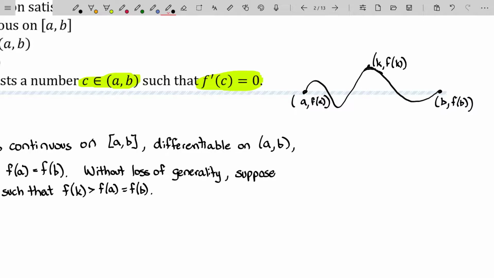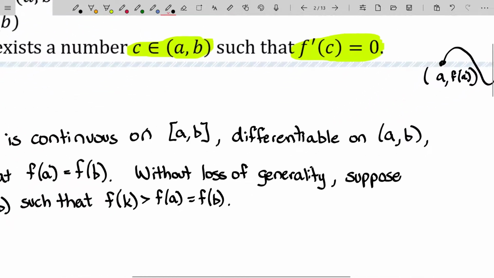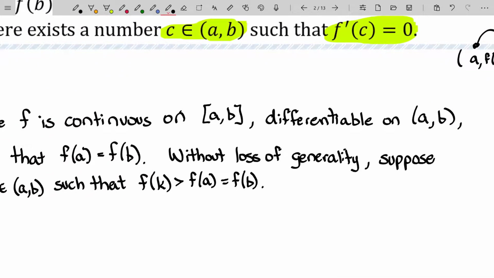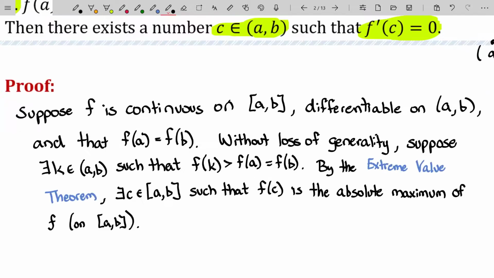If your function looks like this and it's continuous, it doesn't actually technically need to be differentiable, but if your function's continuous on that closed interval, then it reaches its absolute maximum and absolute minimum on that interval. Okay, so by the extreme value theorem, let me go ahead and pause video and write that.